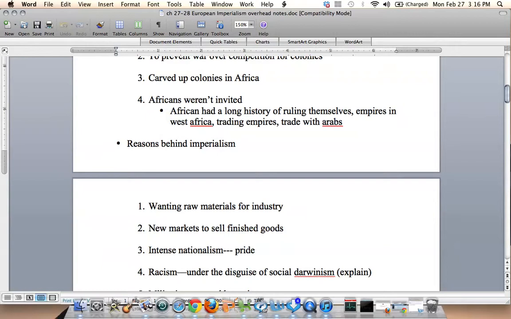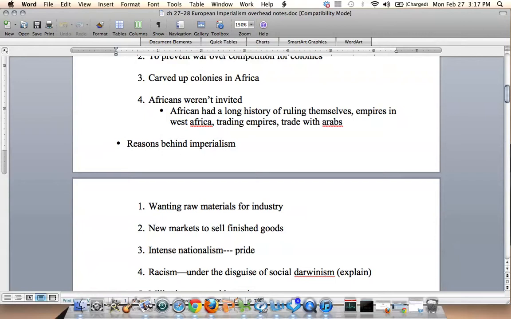Racism plays a role in this under the disguise of something called social Darwinism. If you know what Darwinism is, and we'll just use the idea of natural selection, that's the strongest instincts survive, right? The strongest characteristics of a species will survive, and the weakest will be destroyed. Well, it's about this time in the late 1800s that, if you believe that humans are just another species of animal, then you can apply Darwinism to humans, and that's what social Darwinism is.